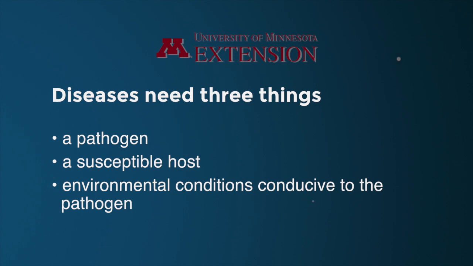Diseases can be thought of as needing three things: a pathogen, a susceptible host, and environmental conditions conducive to the pathogen. We can partially control the host part by buying plants that are not susceptible to that pathogen.